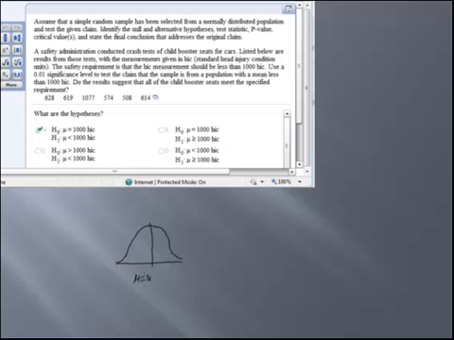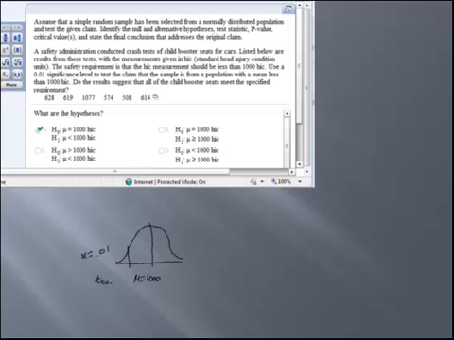Now, if we hypothesize that the population mean is 1000, then to show with a sample that the mean is actually less than 1000, our sample statistic would have to land way down here to the left with alpha equal to 0.01.